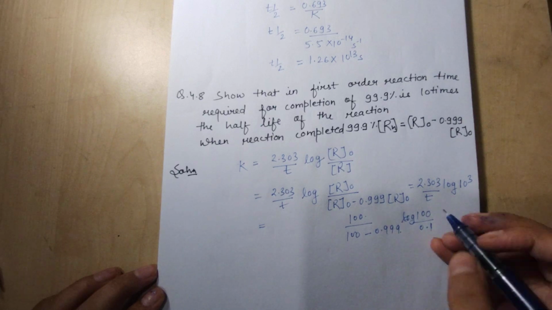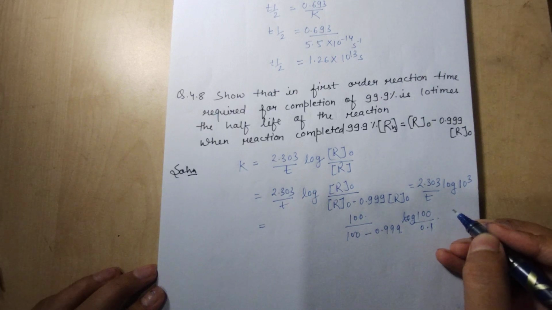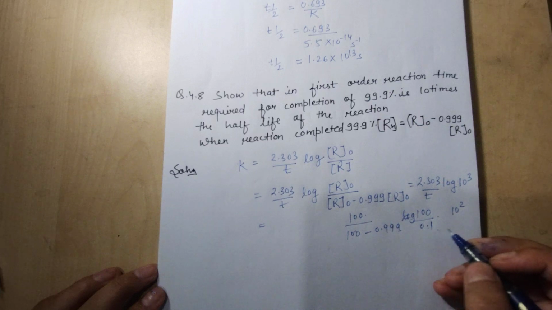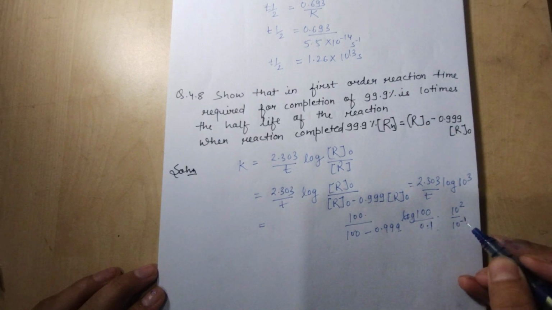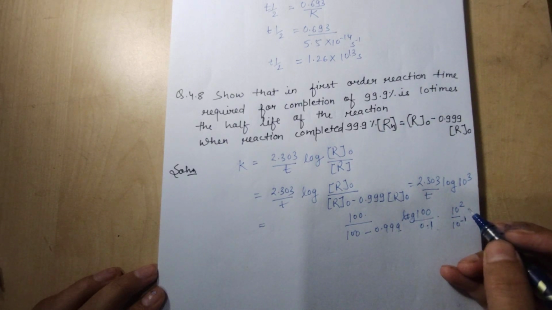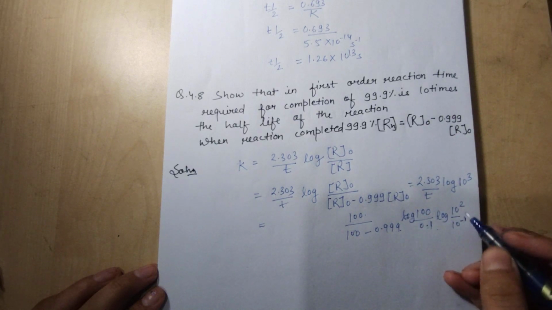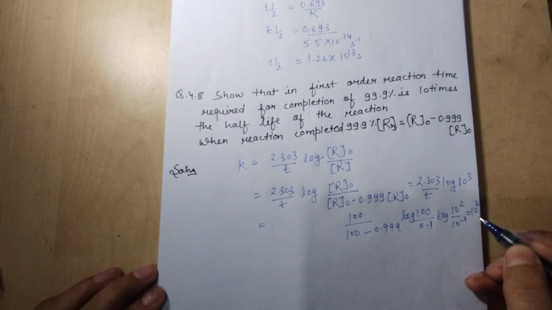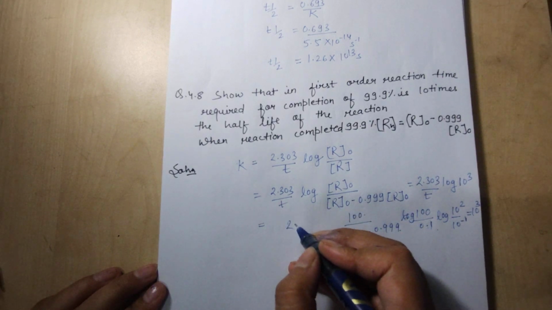Here log 100 is written as 10 power 2 and 0.1 is written as 10 power minus 1. After moving this from lower to upper, it becomes 10 power 3. So this is how 10 power 3 comes, and here this is the remaining.